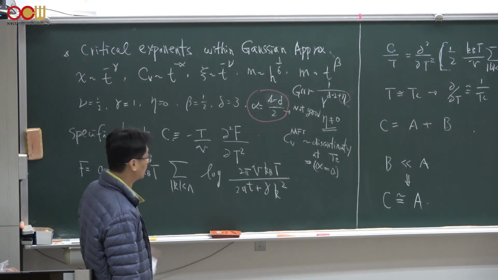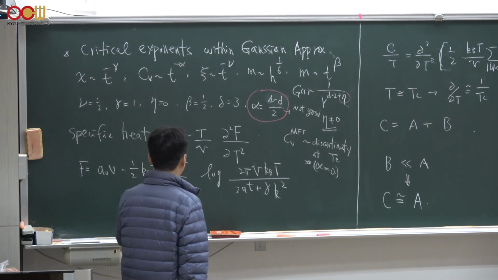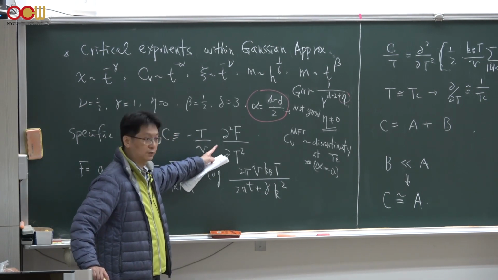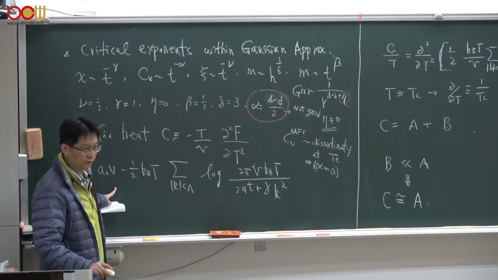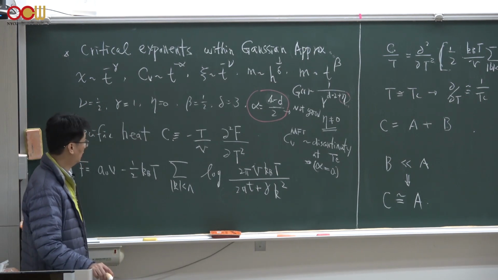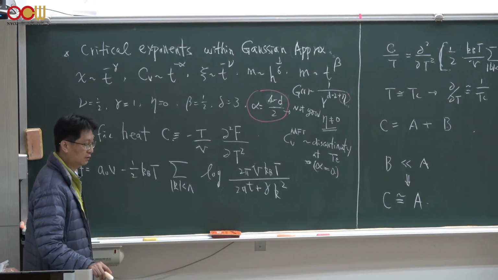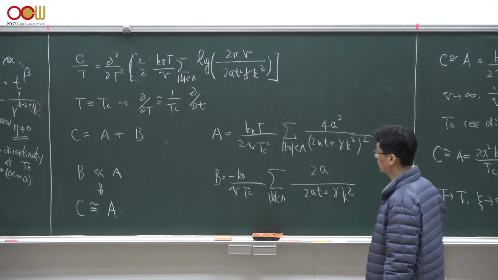So let's just focus on the specific heat calculation, which is defined by the second temperature derivative of the free energy, and the free energy is given by this Gaussian form. We simply plug into this definition of specific heat, taking the second temperature derivative of the free energy close to the transition temperature.